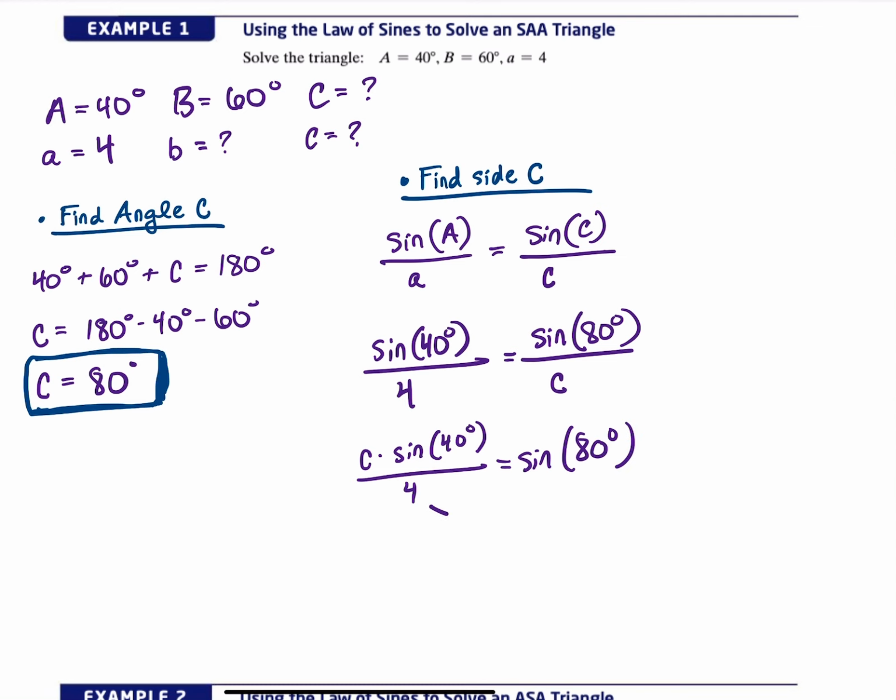And now let's multiply the 4 over and then divide by the sine of 40 to get a statement for C. We can say C equals 4 times the sine of 80 degrees divided by the sine of 40 degrees.